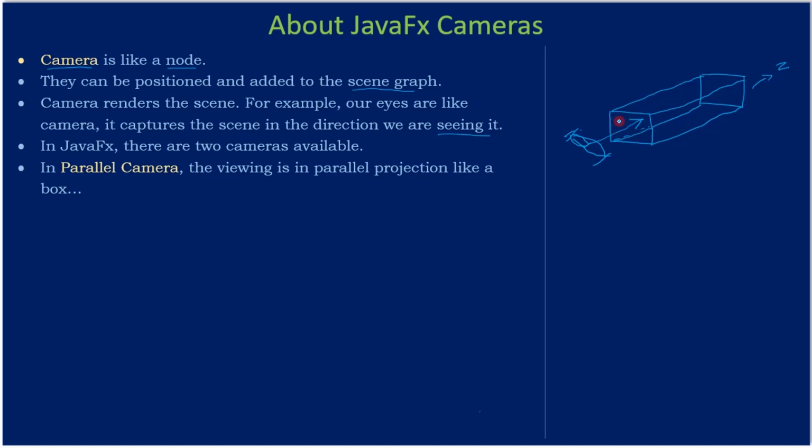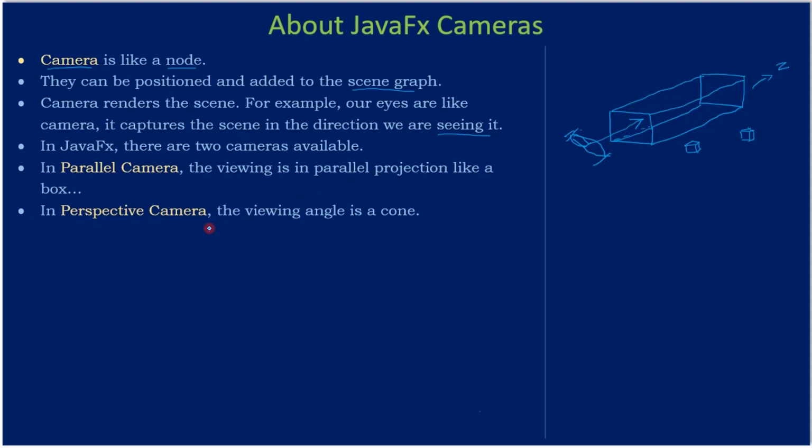And if object is near the camera, let's state that this is the box near the camera and object is far away from the camera. So since it's a parallel projection, you won't see much difference in the size. So that's what called in parallel camera, the viewing is in parallel projection like a box.